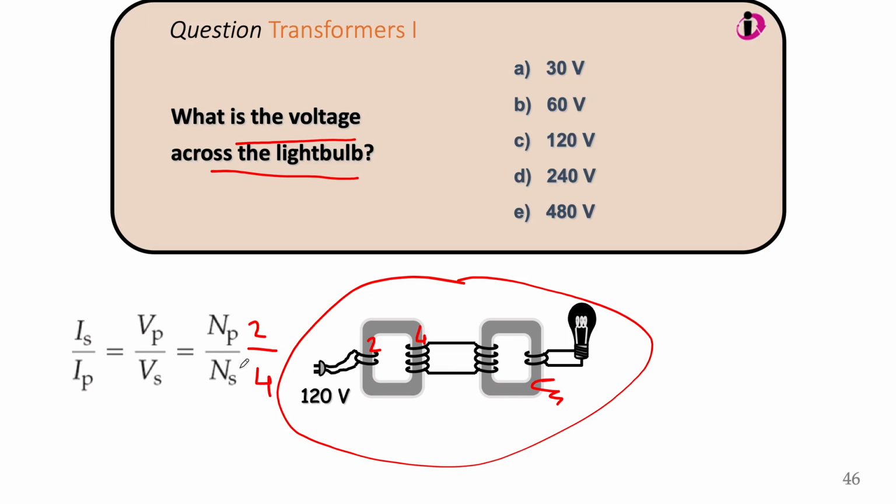So what happens to voltage? If the primary is 120 and there's a 1 to 2 ratio, we can write it this way: 120 divided by the secondary voltage equals 1 divided by 2.